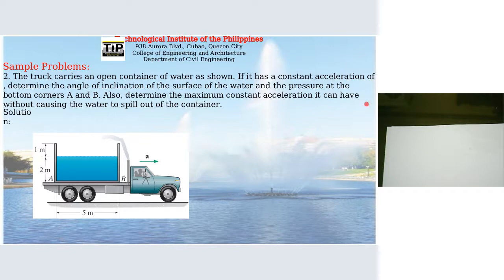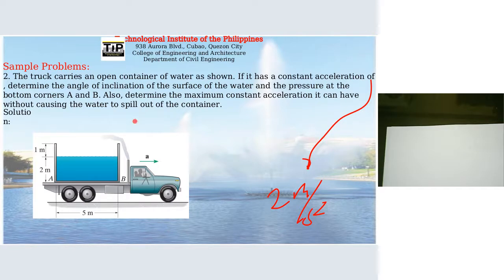If it has a constant acceleration of 2 meter per second squared, determine the angle of inclination of the surface of the water and the pressure at the bottom corners A and B. Also determine the maximum constant acceleration it can have without causing the water to spill out of the container.